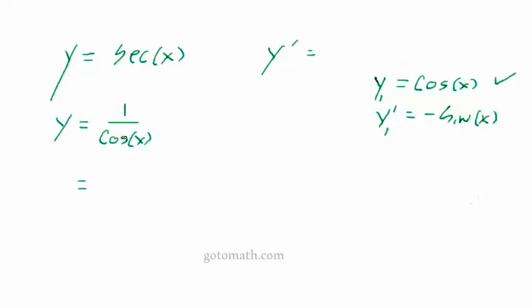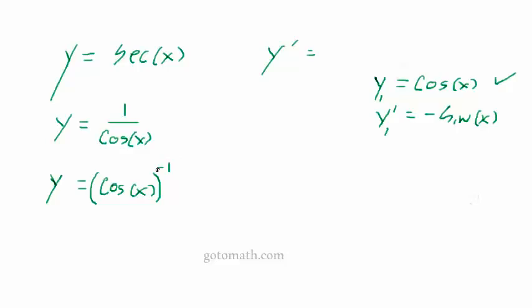But since there's just a constant up in the numerator, let's take cosine x, and instead of writing -1 right here, we're just going to put the whole thing in parentheses and put the -1 up here. How's that? Okay, so we haven't taken the derivative yet.